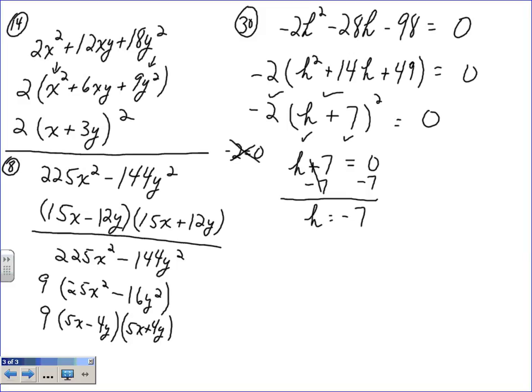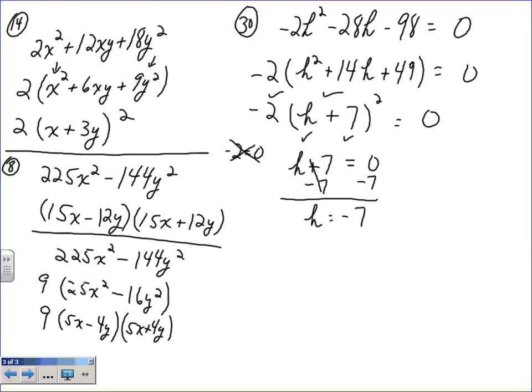If it were a negative 2h equals 0, then h would equal 0. But we don't have that situation. Okay. Pardon? You don't? No, there's nothing to do with it. Okay?